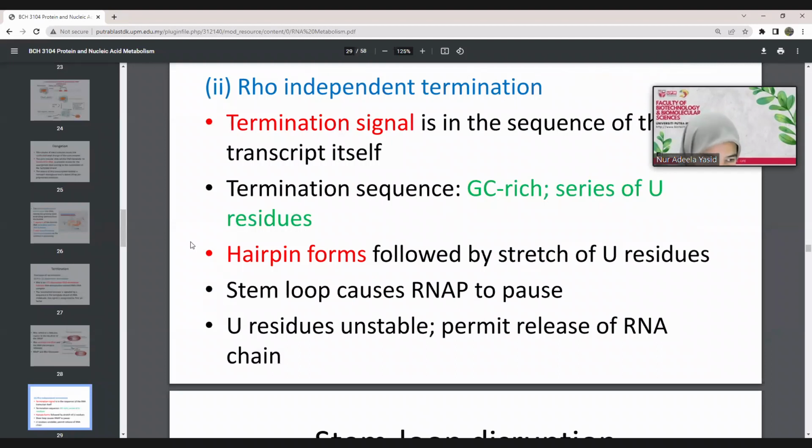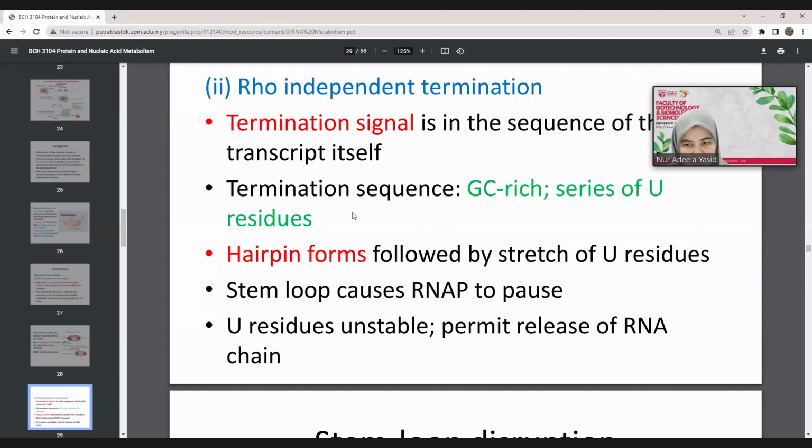So what is the termination sequence for rho-independent termination? The termination sequence is GC-rich, followed by a series of uracil residues. Near the end of the gene, it encounters a region rich in GC nucleotides, which is the termination sequence.